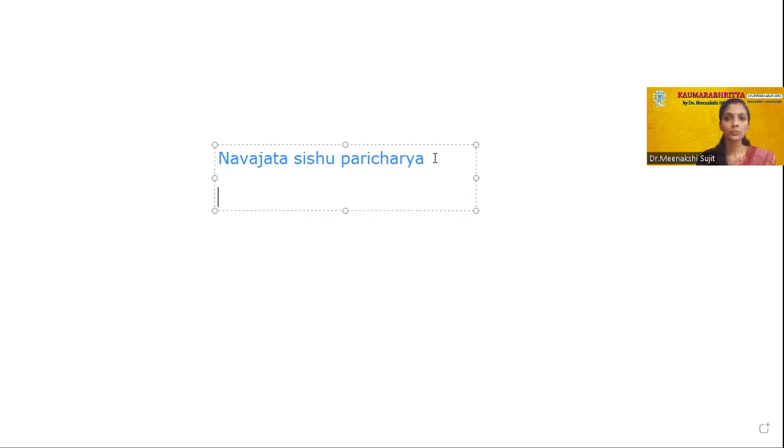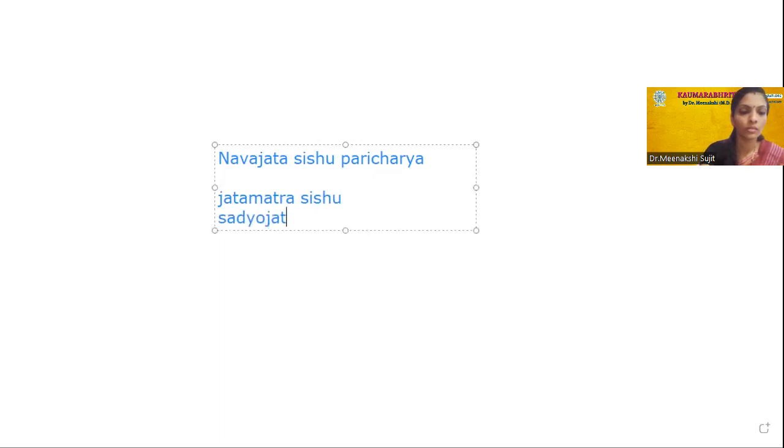So this Navajata Shishu Paricharya again will be divided into 3 sections: Jatamatra Shishu, Sadyojata Shishu and Navajata Shishu.